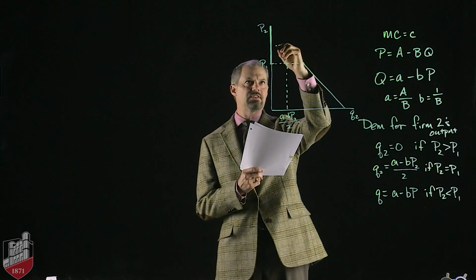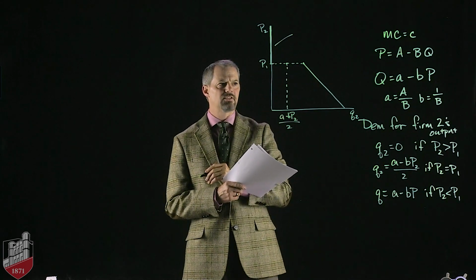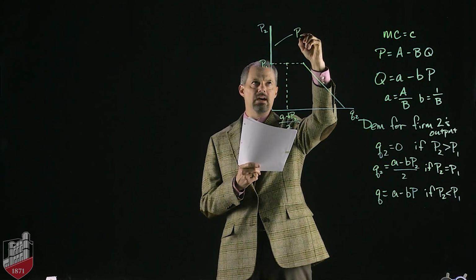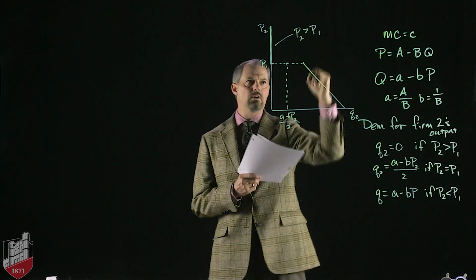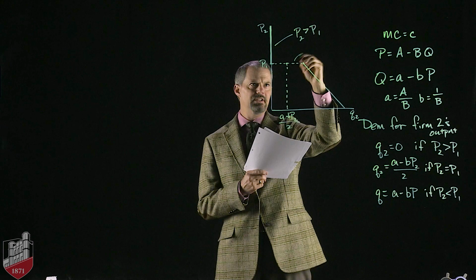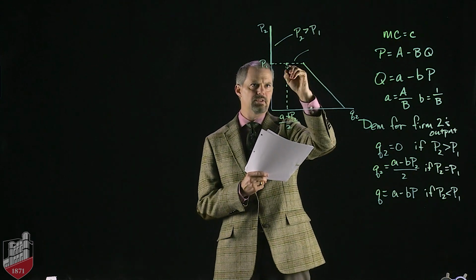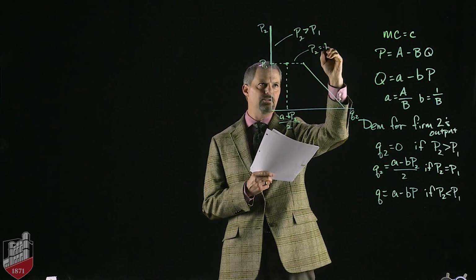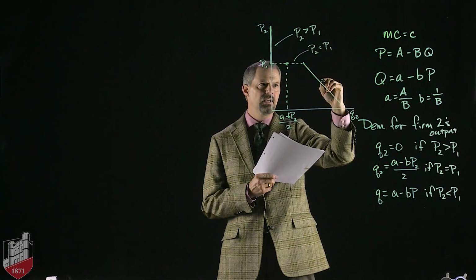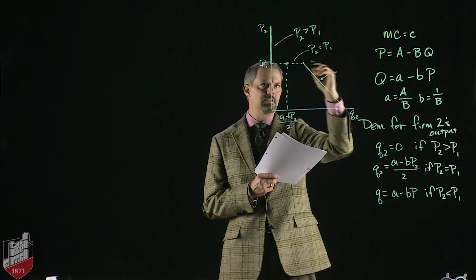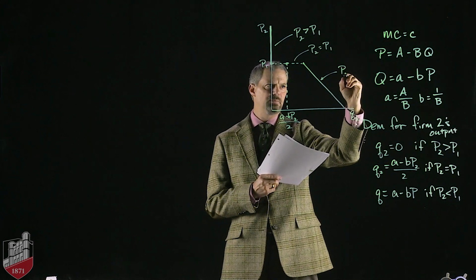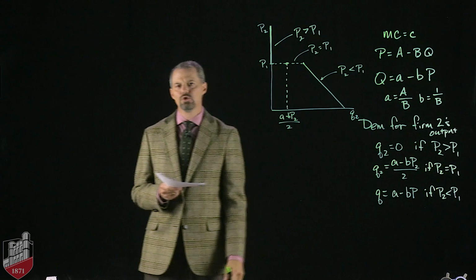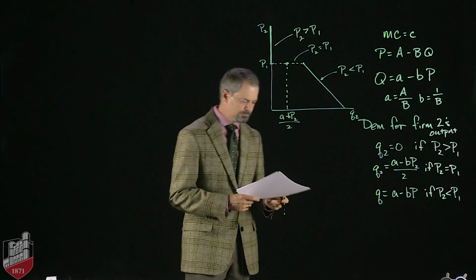So this situation, that's the quantity demanded that they would face if their price, P2, is greater than P1. Right here, this dotted line with the dot right in the middle represents a situation that would exist if P2 and P1 were equal to each other. And this is the demand curve that firm 2 would face if P2 is less than P1. So you get this somewhat unusually shaped demand curve.